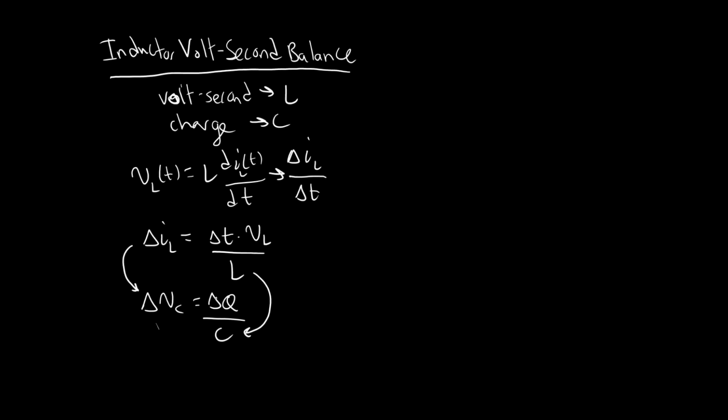So for the capacitor, it's charge, right? It's current integrated over time. And for the inductor, it's voltage integrated over time, or volt-seconds, right? So basically, this is the unit of energy that inductors store. Caps store charge, inductors store volt-seconds.